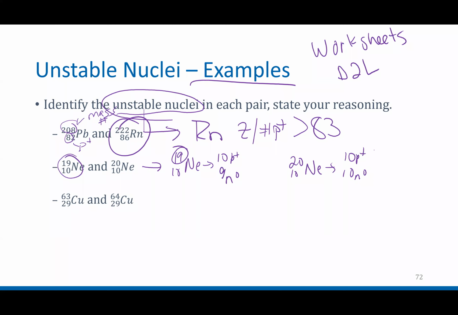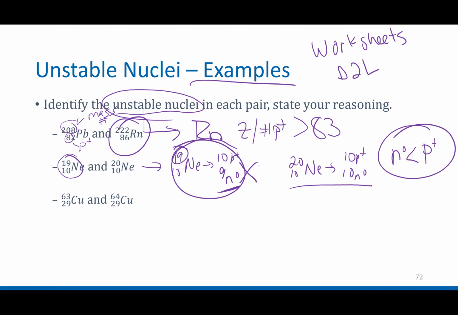So this chemical here is even. It has 10 protons, 10 neutrons, no problem. This chemical is your unstable chemical because the number of neutrons is less than the number of protons. So the one I've circled is less stable because it doesn't have as many neutrons as protons.